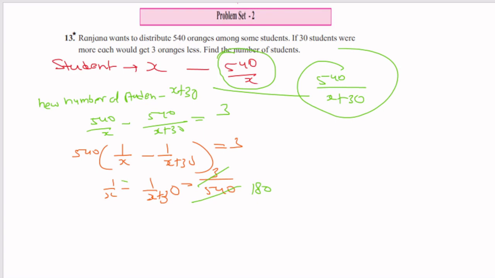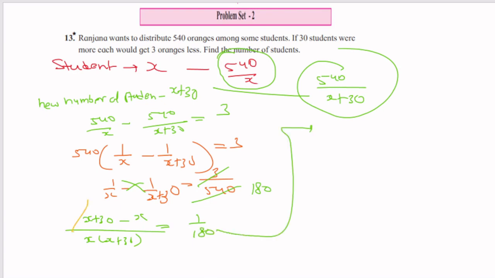Perfect. Now here you need to do cross multiplication. Again, x plus 30 minus x divided by x into x plus 30 equal to 1 upon 180. This x and x will get cancelled, plus minus, and in the numerator 30 and in the denominator, open the bracket, x square plus 30x equal to 1 upon 180.